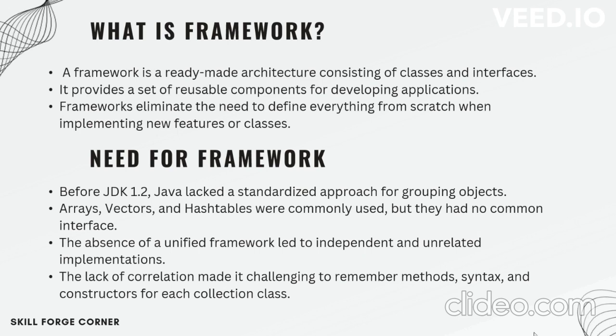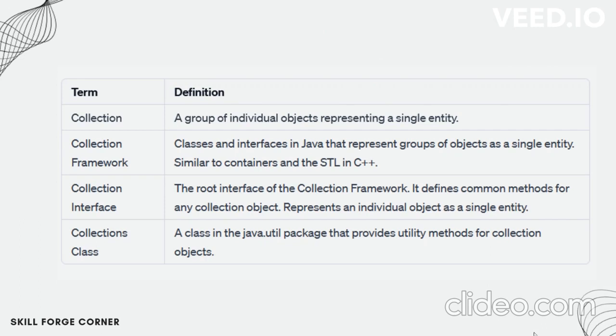Many of us have confusion about these terms: what is a collection, what is the collections class, and what is the collection framework. In detail, we'll see what these terms refer to. A collection is a set of unique objects that collectively represent a single thing. It is a word we use frequently in our day-to-day life, but from the perspective of the Java programming language, it becomes the Java collection framework.